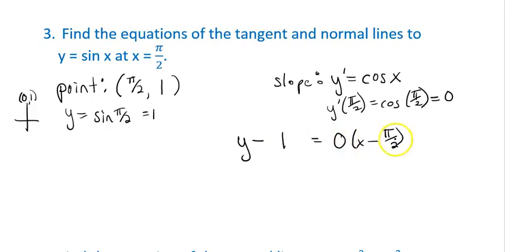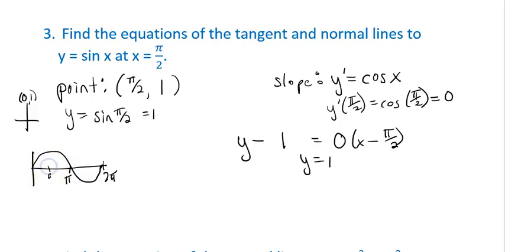And you're like, okay, well 0 times that is all going to be 0. So you have y minus 1 equals 0, or y equals 1. And that makes sense. That just means it's a horizontal line, because a slope of 0 means it's a horizontal tangent line there. And also, if you're thinking about the graph of sine, it has that period of 2 pi.